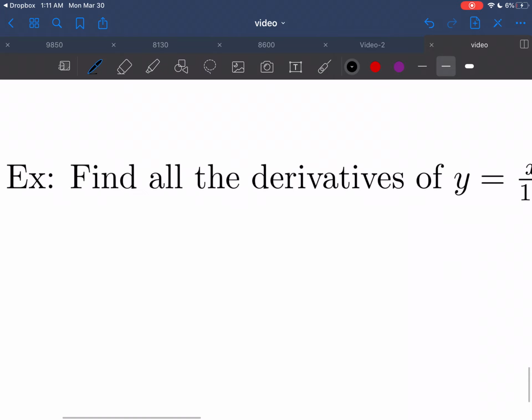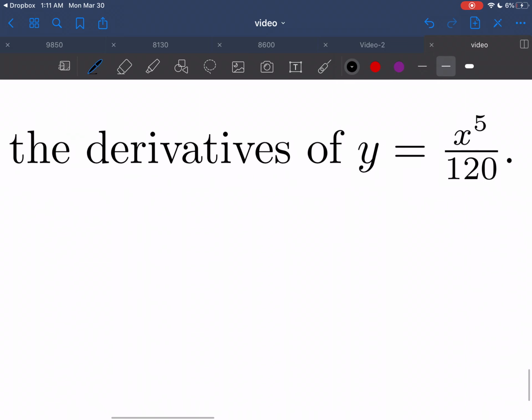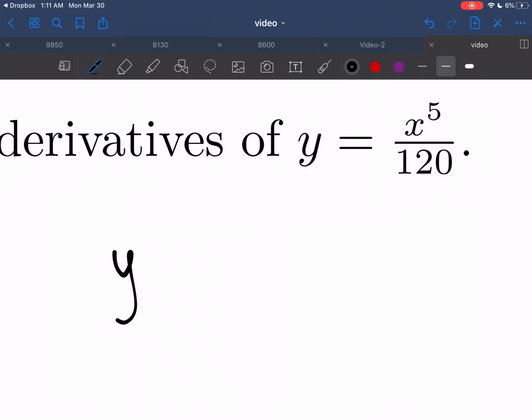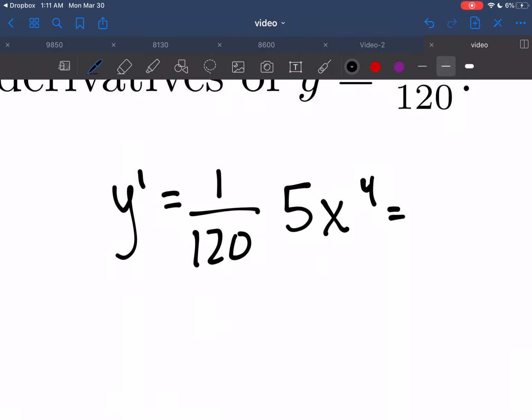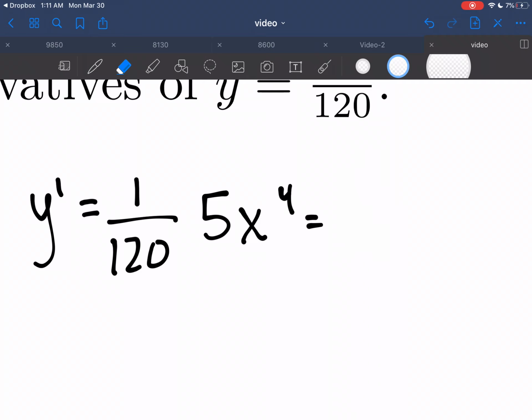So first we'll find the first derivative. So y prime is just equal to 1 over 120 times 5x to the 4th, which is just 5 over 120, which is just 1 over 24.